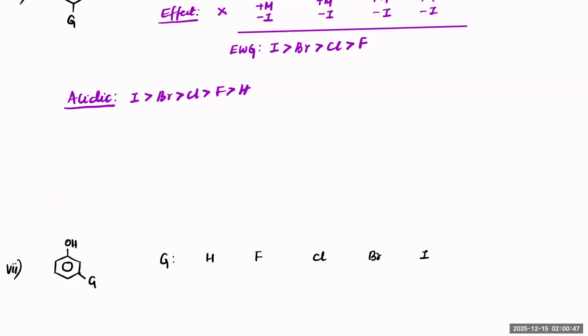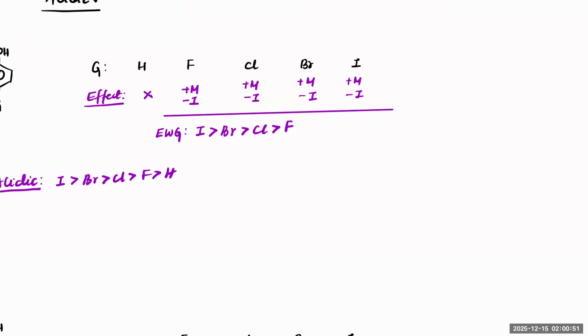So why is I greater for iodine? Well, when it comes to the plus M effect at this position, iodine has to offer its lone pair here. The orbital present here and here, if you compare, this is a 2p orbital, this is a 5p orbital. 2p, 3p, 4p, 5p.